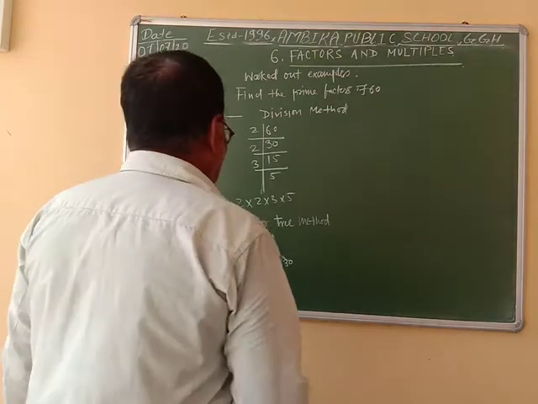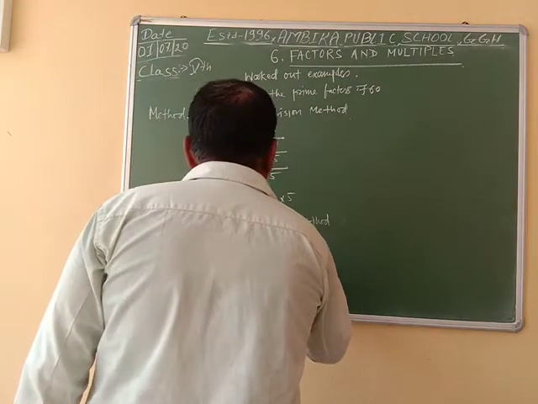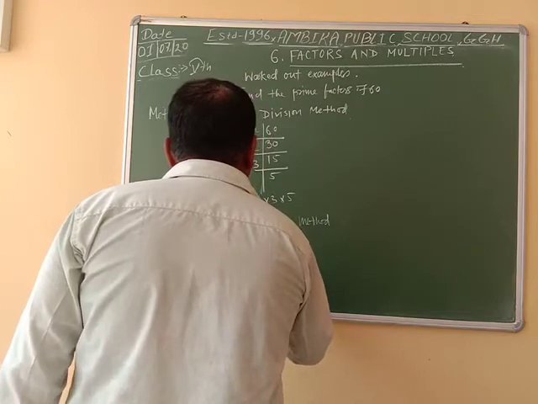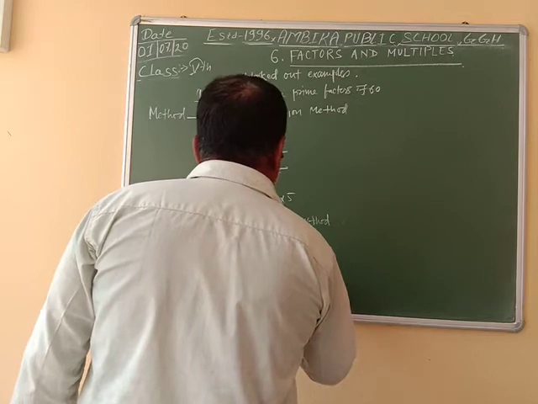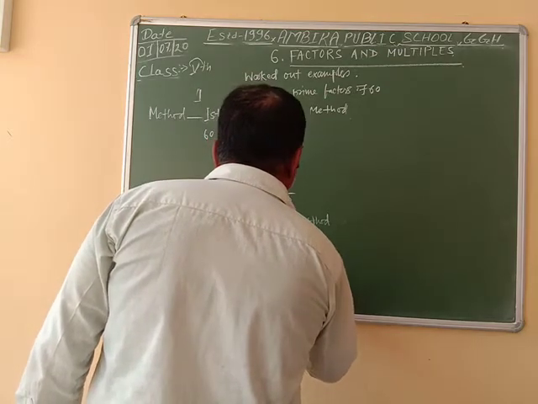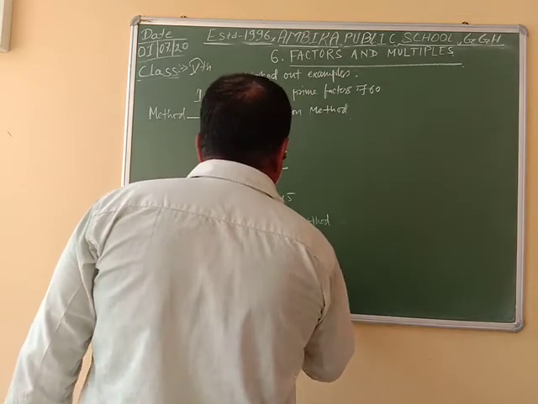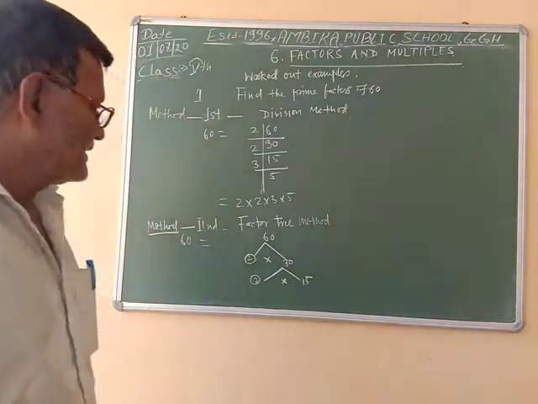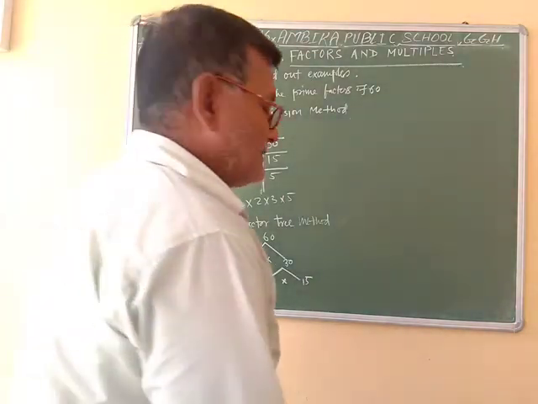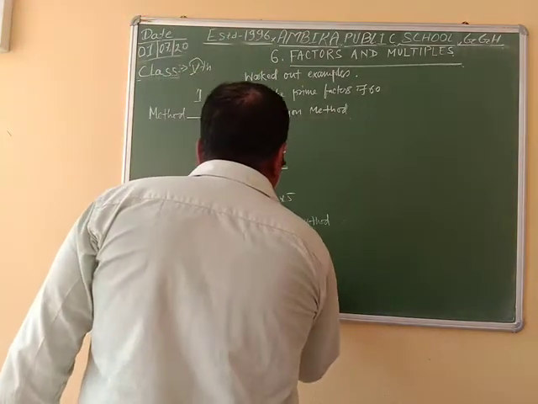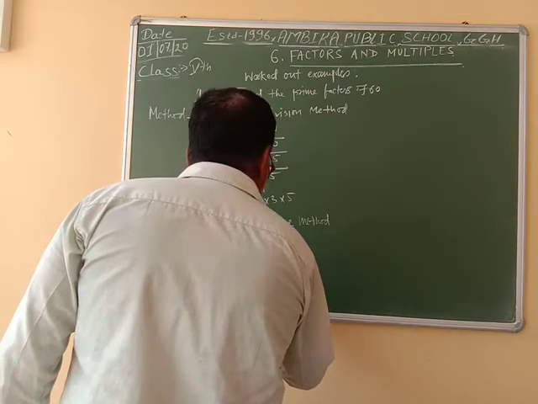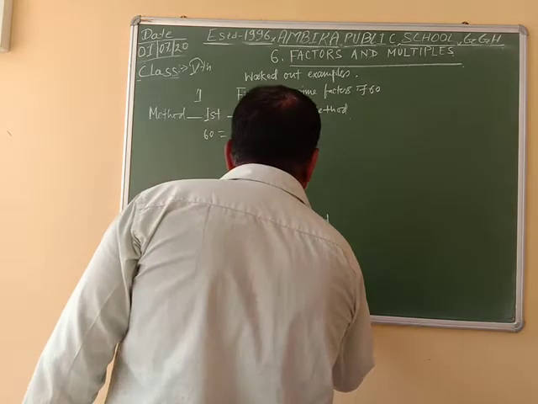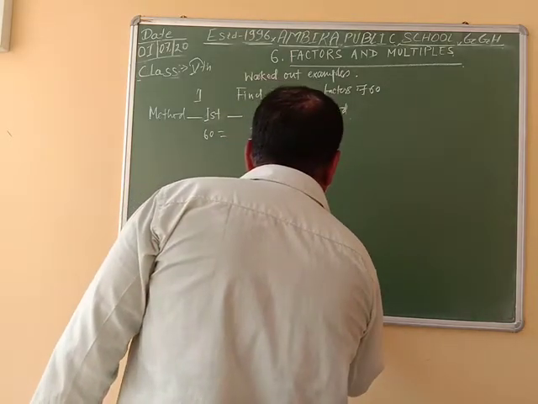Again we divide 30 by 2, and we have 15 as quotient. Again write the symbol of multiplication, and at last we divide 15 by 3. We get 5.